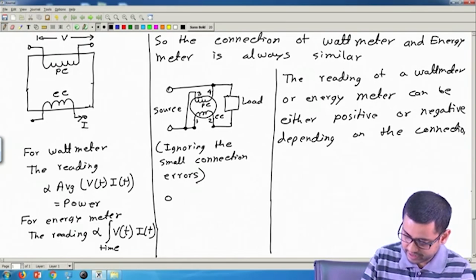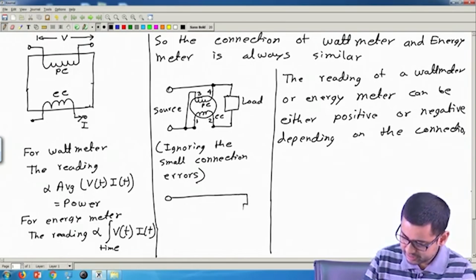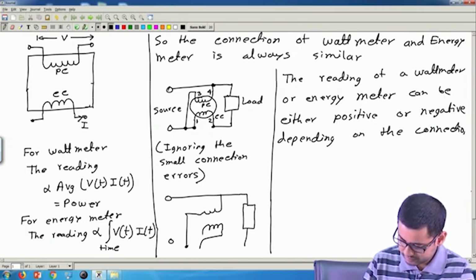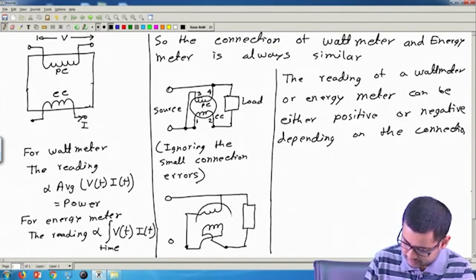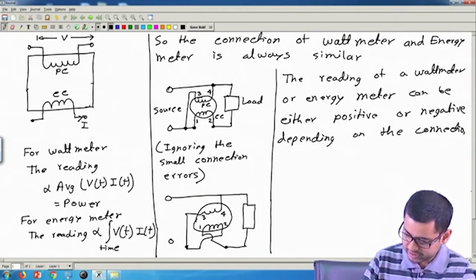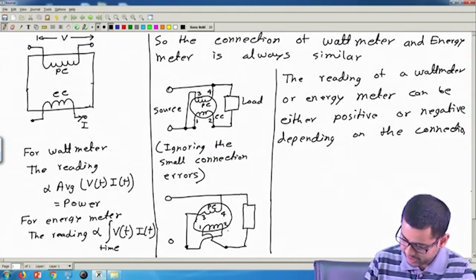Now if I had connected possibly like this, so this is the wattmeter, this is terminal 3, 4, 1, 2, this is the pressure coil, this is the current coil.